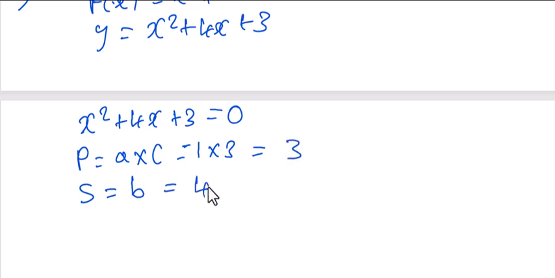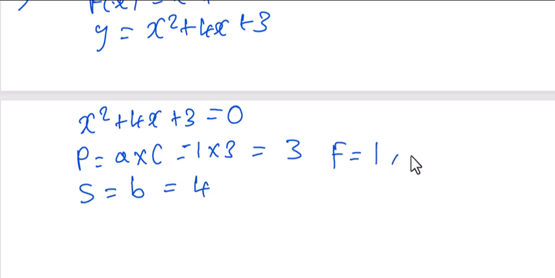So we need to find two numbers that multiply to give us 3 and add to give us 4. These two numbers are 1 and 3.